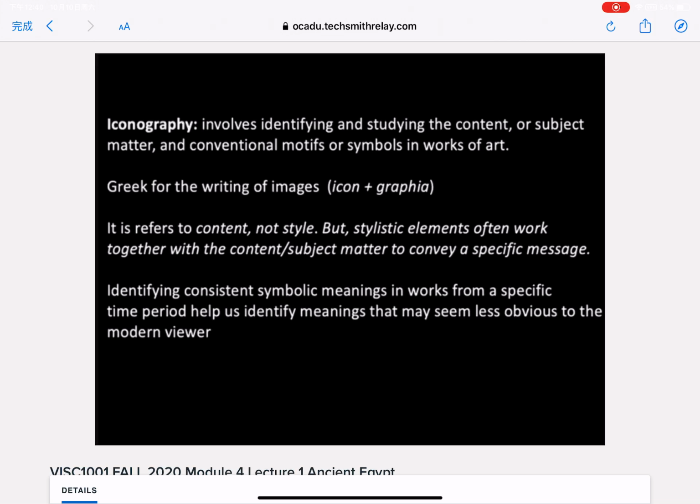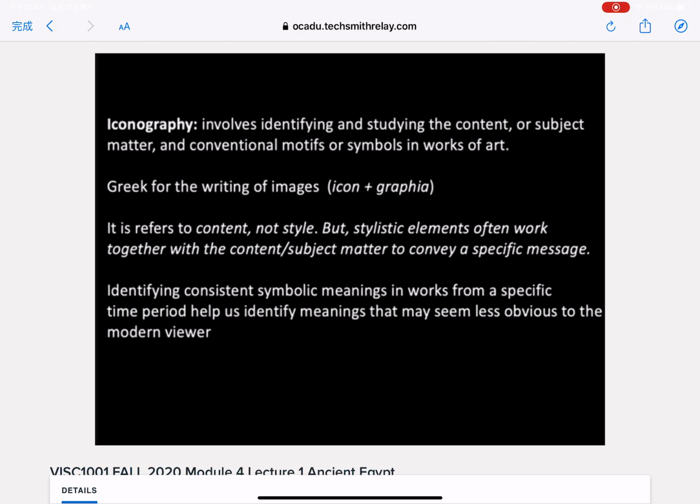So what is depicted, not how it's depicted. However, style or stylistic elements often work together with the content or subject matter of a work of art to convey a specific mood or message.